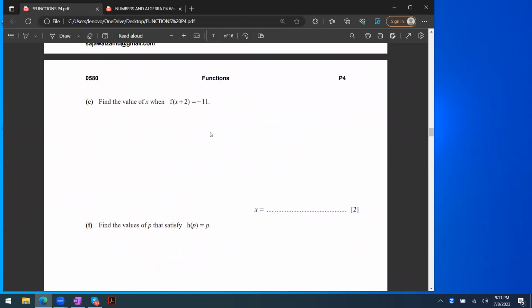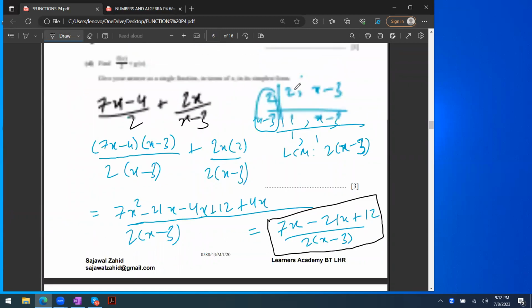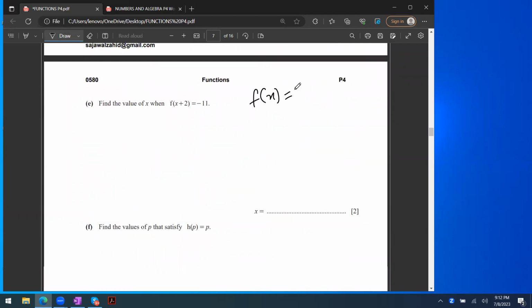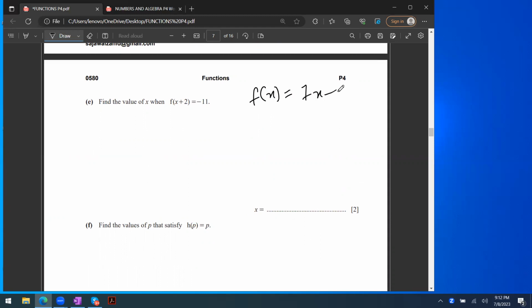Find the value of x when f of x plus 2 is equal to minus 11. Let's write the f of x function again: 7x minus 4. What is f of x plus 2? In place of x, you put x plus 2, minus 4. So that is 7x plus 14 minus 4, which is plus 10.